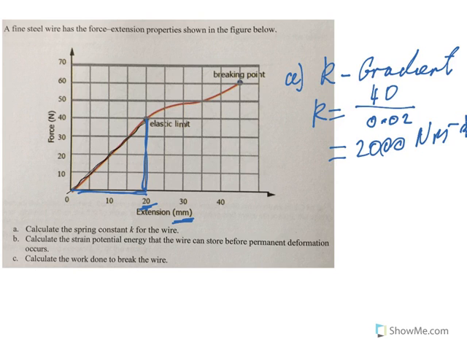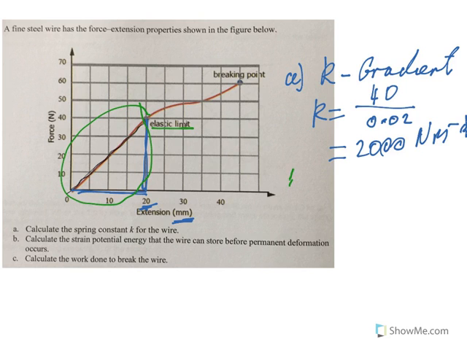So that's part A. Part B, calculate the strain potential energy the wire can store before permanent deformation. All right, so that's our elastic limit. So it's up to what we're talking about now. So that's up to the elastic limit. So we're actually talking in this region here.